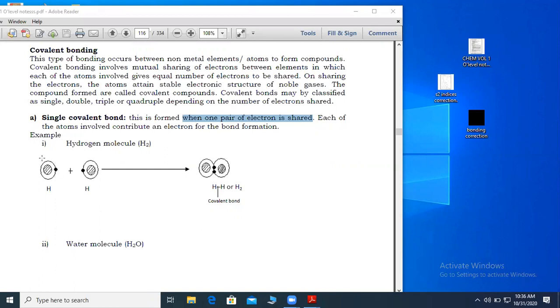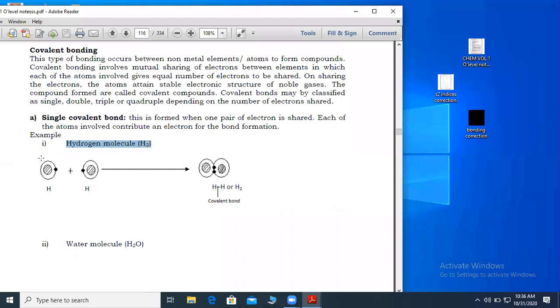For example, we have a hydrogen molecule. A hydrogen molecule contains 2 hydrogen atoms. In this case, we are referring to hydrogen as a gas.